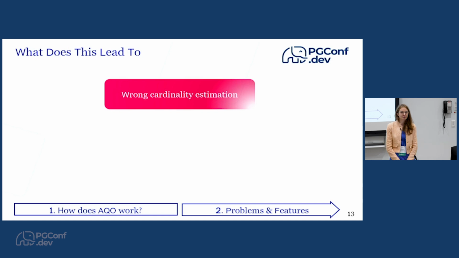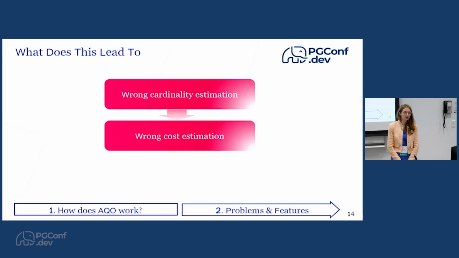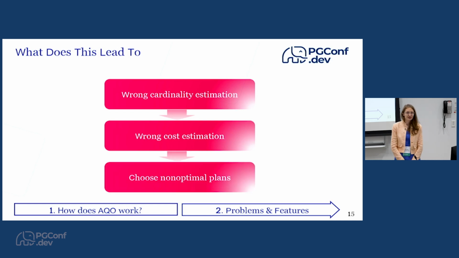So what issue do we have? If the optimizer evaluates cardinality incorrectly, it uses this information to estimate cost, and unfortunately it leads to the choice of a suboptimal plan.